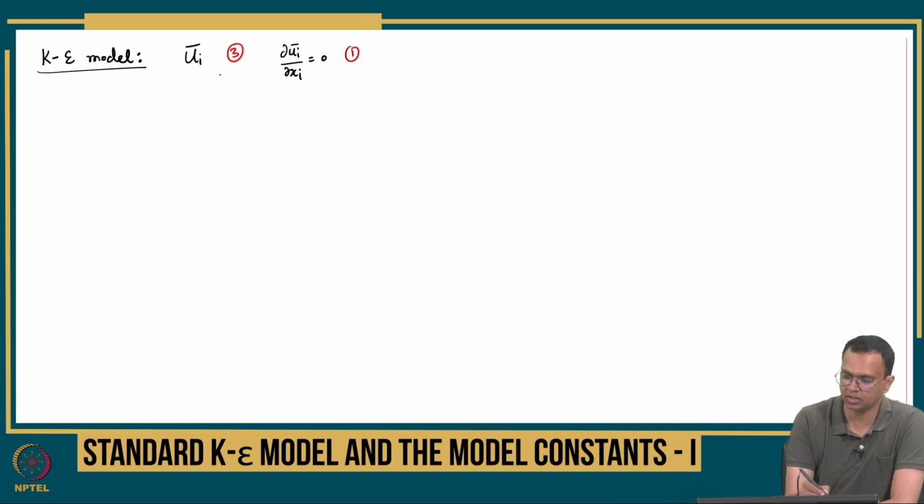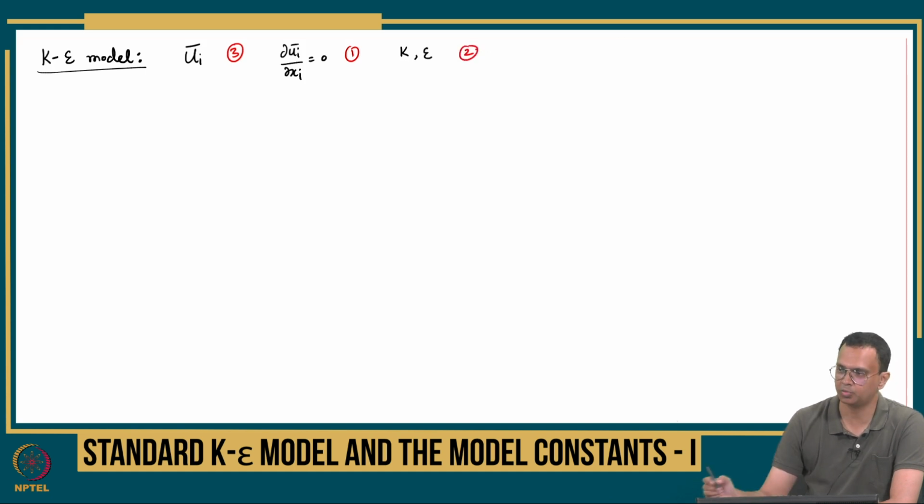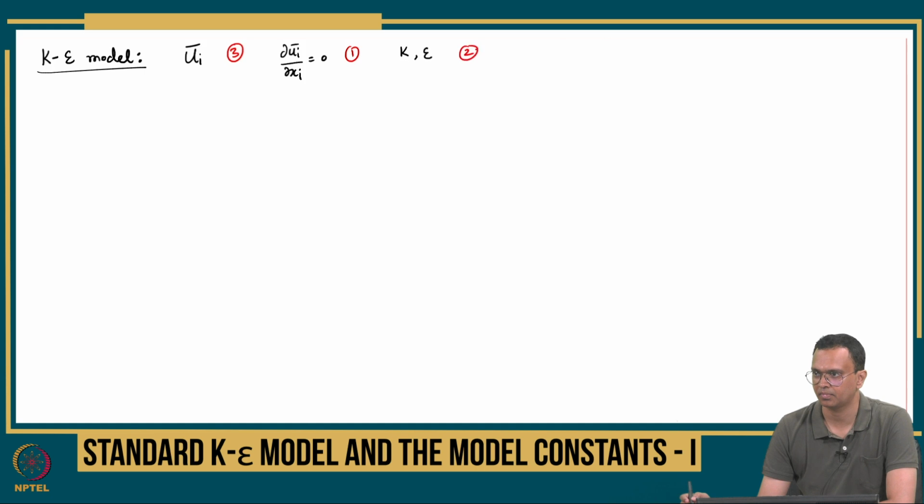To close the Reynolds stresses in the mean momentum equation, we had buoyancy and eddy viscosity, and to get all the terms there, we essentially needed 2 more transport equations, which are our K and epsilon equations. So this gives me 2 more transport equations to solve.